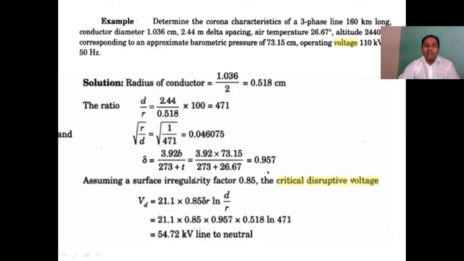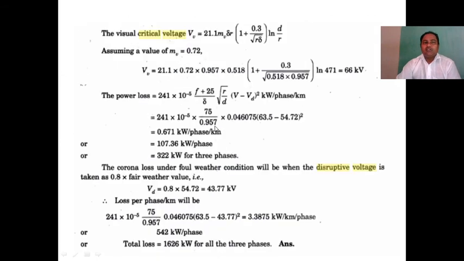The RMS value is 30 by root 2, which gives 21.1. So 21.1 into surface irregularity factor m naught 0.85, air density factor 0.957, into the radius 0.518, log d by r value 471. Substituting directly, we get 54.72 kV line to neutral. This is a phase voltage.